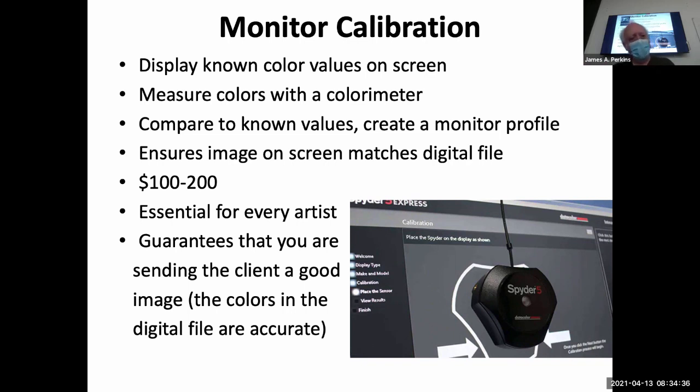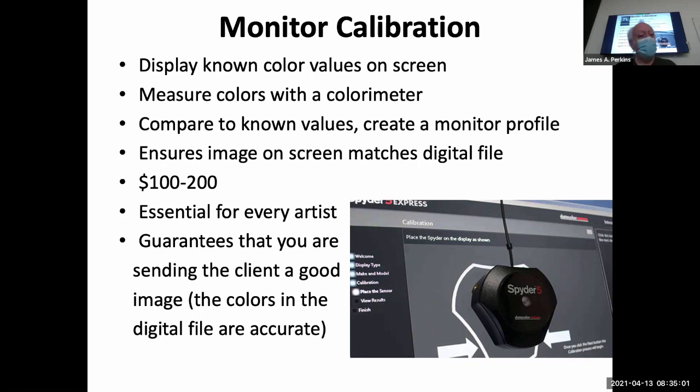So monitor calibration works very much like printer calibration. The difference being that we have a target image that is displayed on screen, and you have a little device called a colorimeter, which is similar to a spectrophotometer, but there's a subtle difference. Thankfully, they're a lot cheaper.